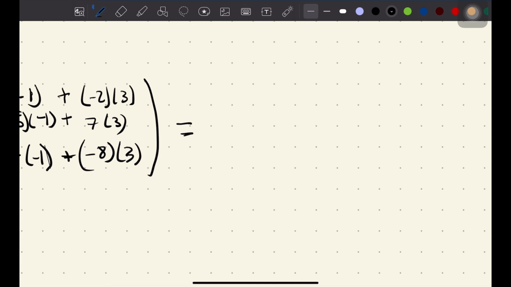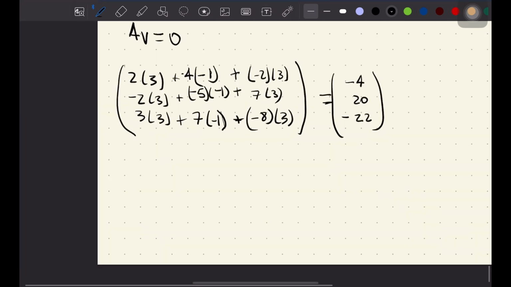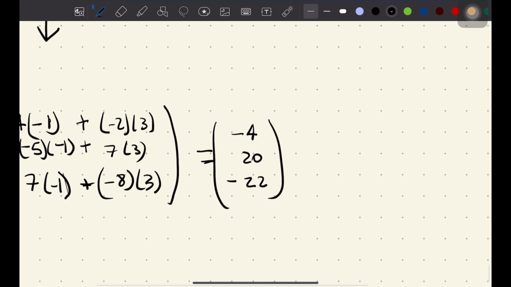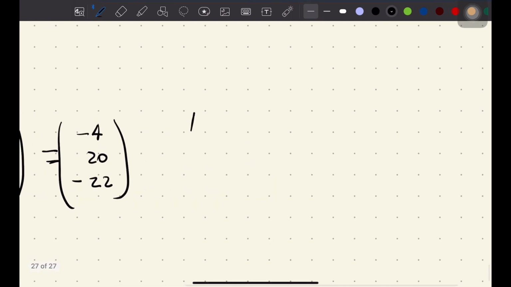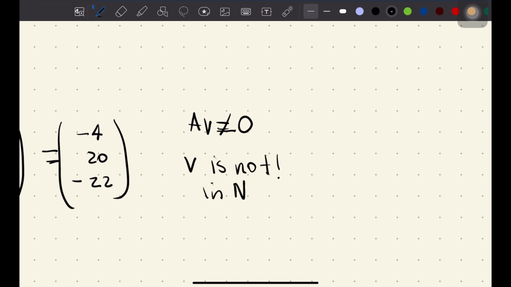And this is going to give us the answer (-4, 20, 22). So based on this answer, Ab is not equal to 0. So b is not in Nul A.